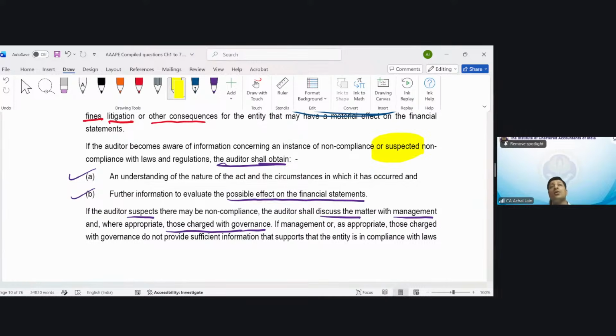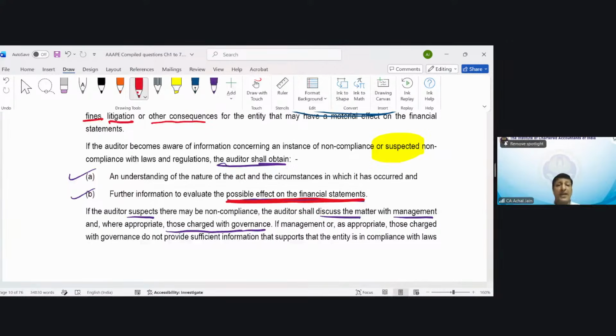In such a case, the auditor shall obtain an understanding of the nature of the act and the circumstances in which it has occurred. Of course, the auditor will want to know about the matter, and obtain further information to evaluate the possible effect on the financial statements.